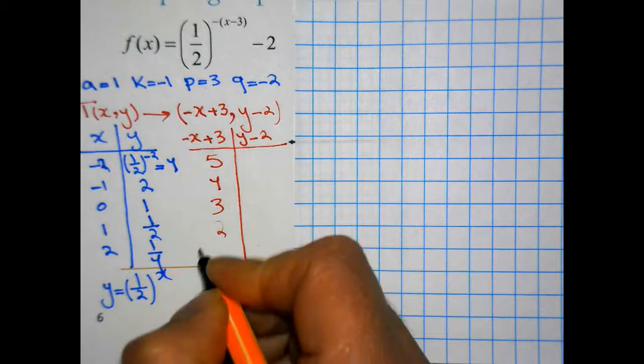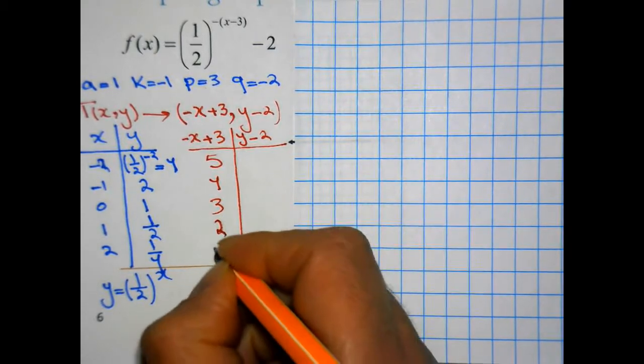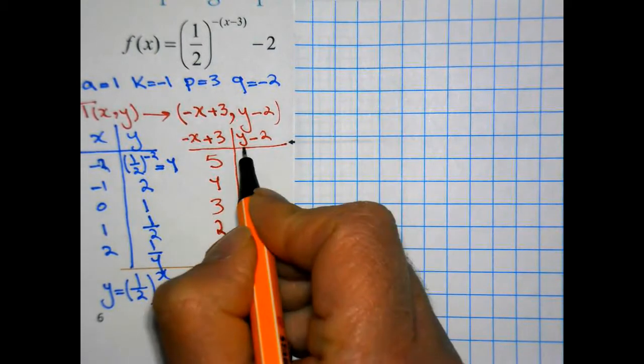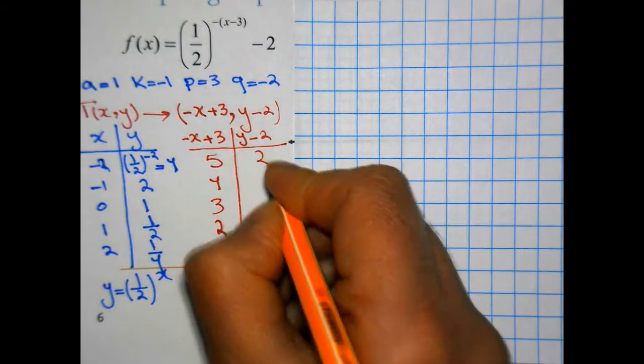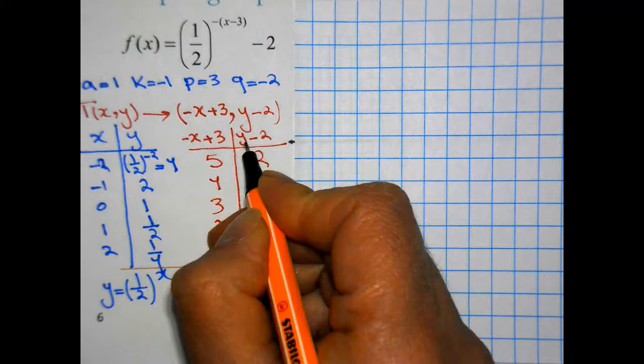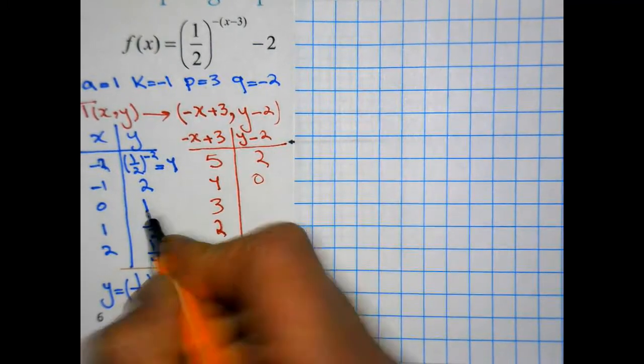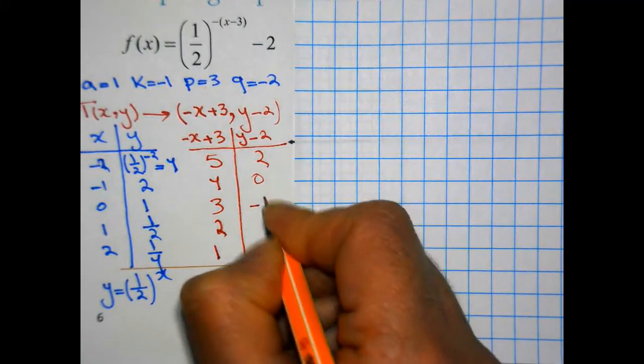And -2 plus 3 will be 1. Now y minus 2. 4 minus 2 is 2. Then 2 minus 2 is 0. 1 minus 2 is -1.